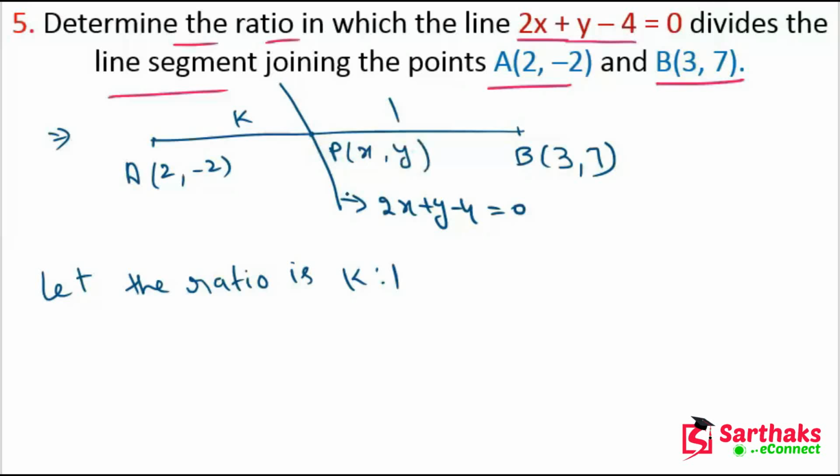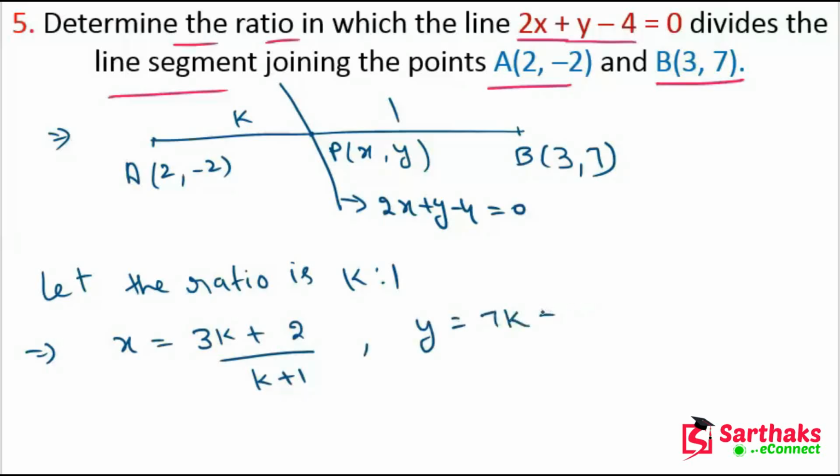The coordinates of the point of division can be found by the section formula: x is (3k + 2) divided by (k + 1). And the coordinate of y is what?